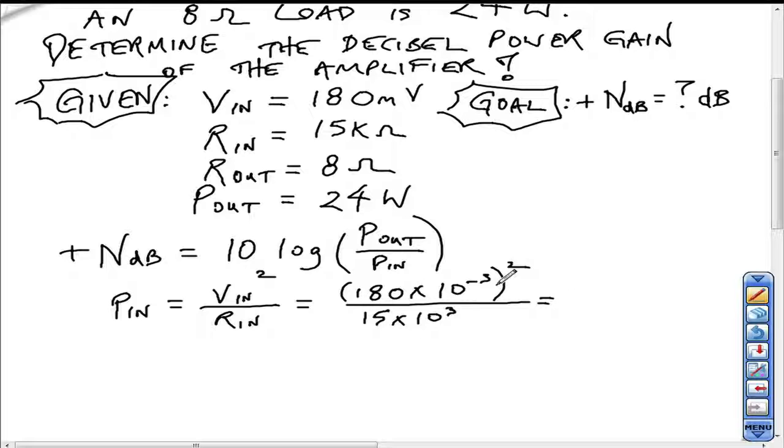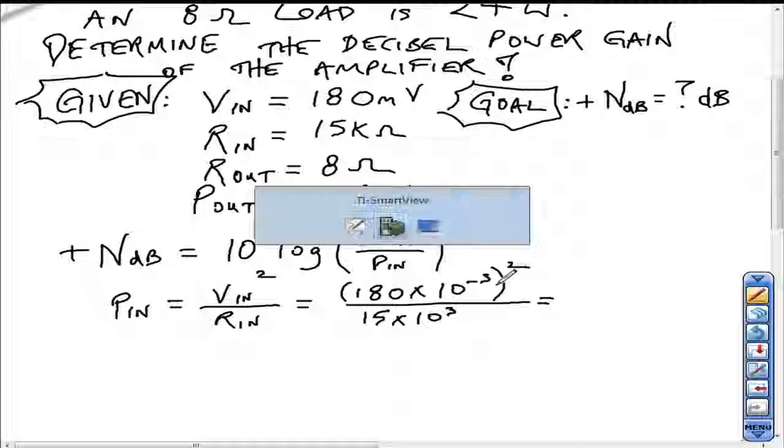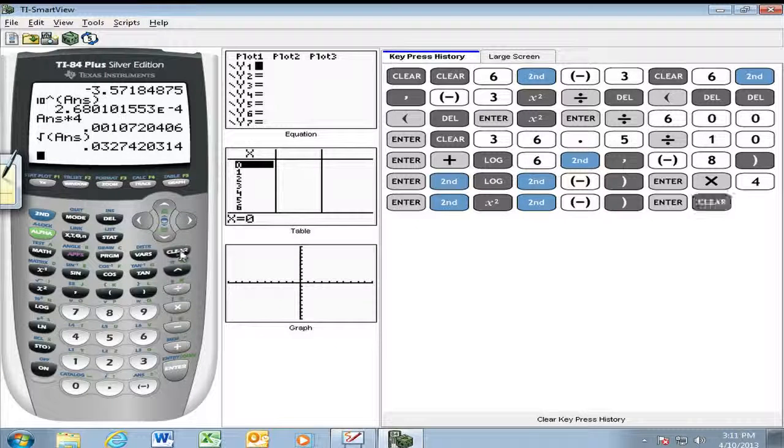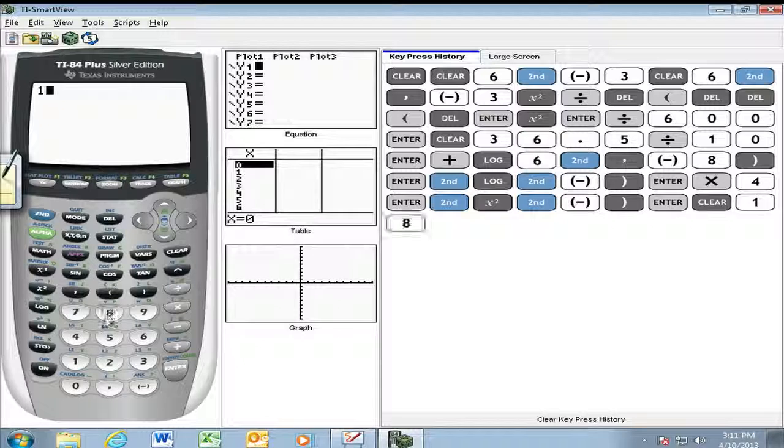So that said, let's go ahead and head to our best friend and do some crunching. All right, so we're going to do 180. So important that you're not doing times, 10, caret, right? Don't go through all those steps.